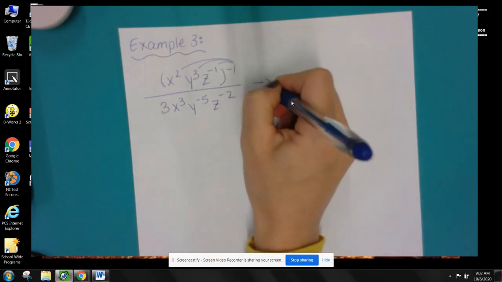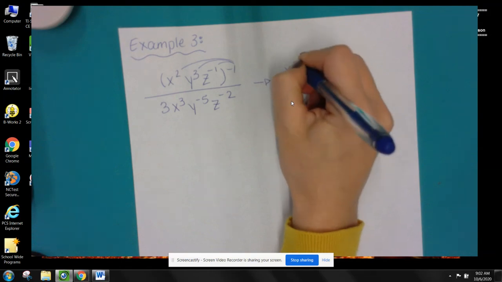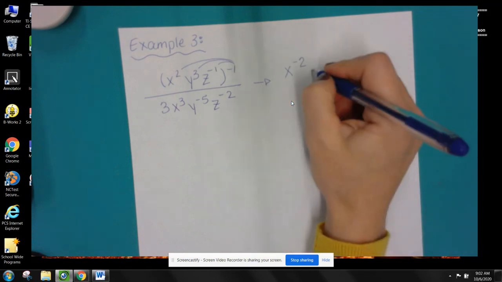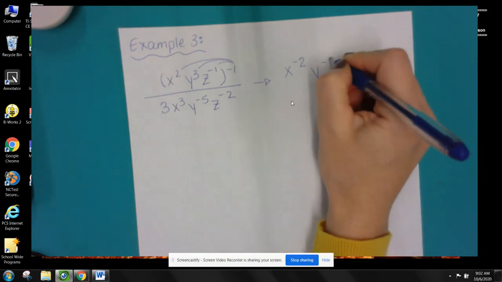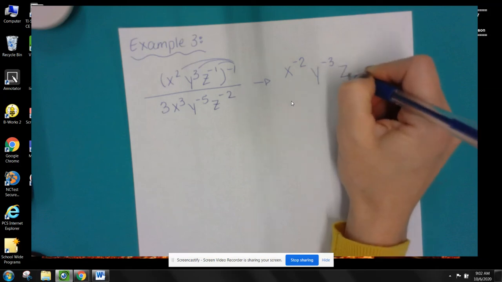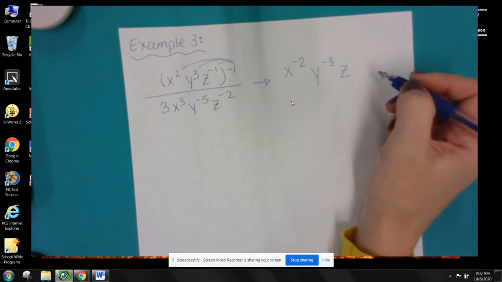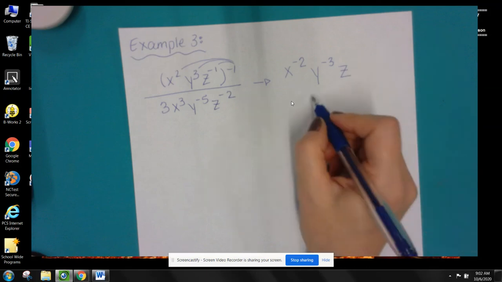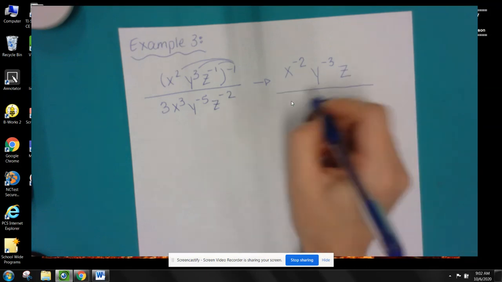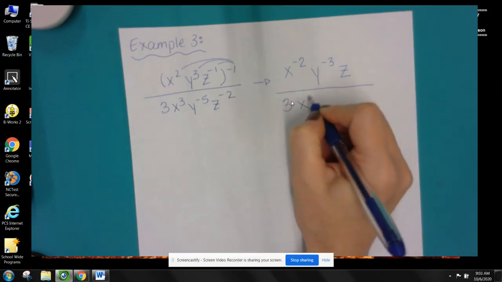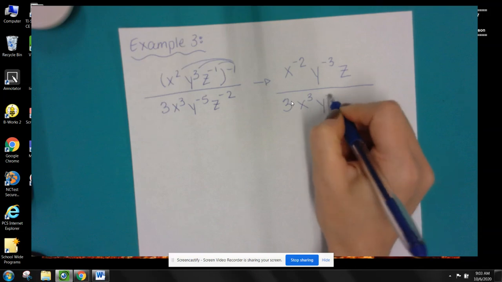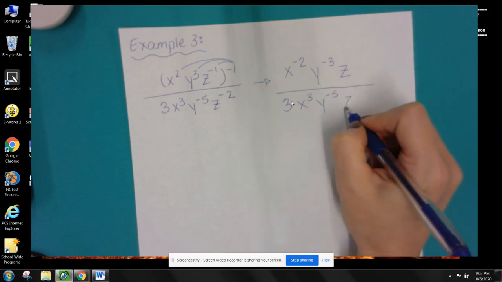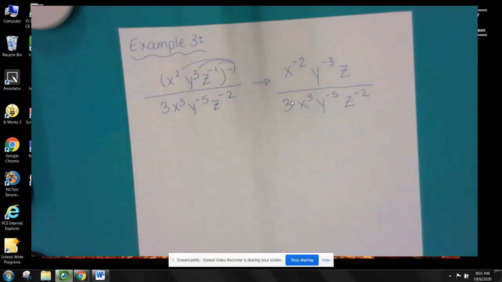So this is going to turn into x to the power of negative 2, y to the power of negative 3, z to the power of positive 1. And I'm just going to leave it at z. Then I'll have 3 times x cubed times y to the negative 5th times z to the negative 2nd.